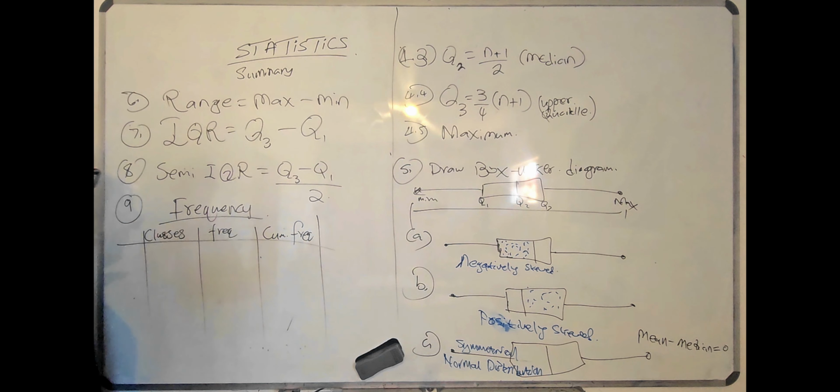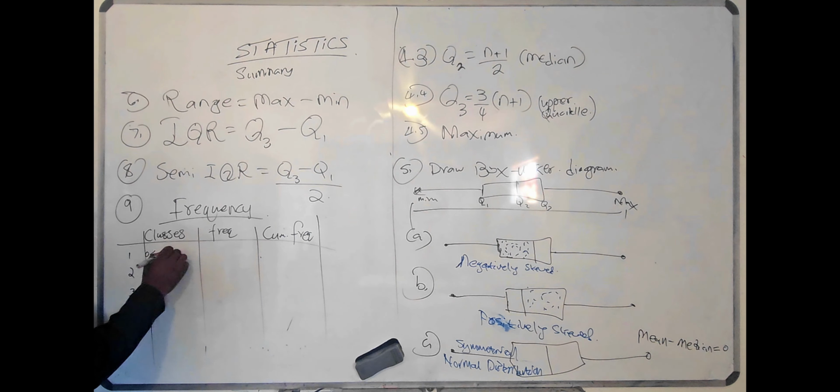Okay, cumulative frequency. Let's say for an example, you've got classes 1, 2, 3, 4, 5, just for an example. Let's say the classes start with 0 ≤ x < 10. I'm just doing this off the top of my head, might not necessarily be true.